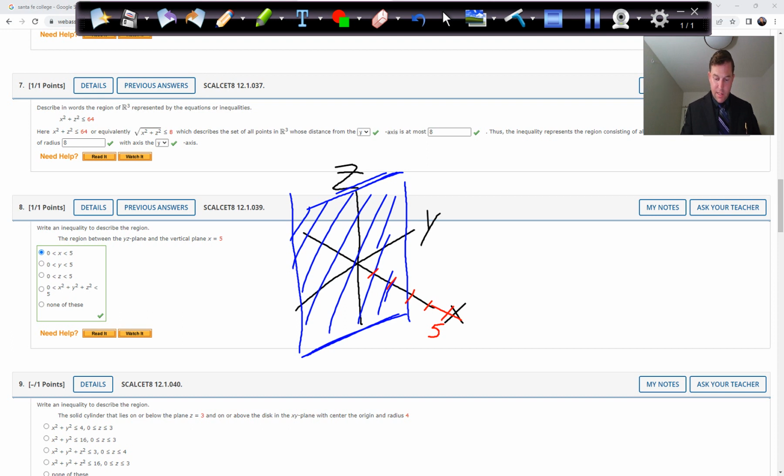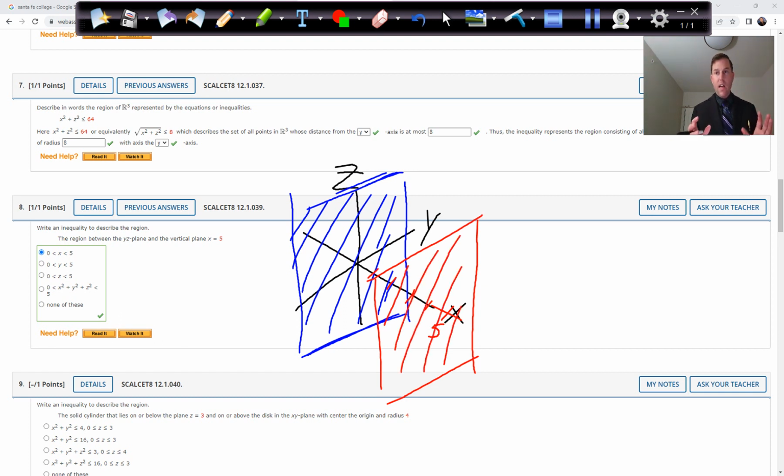So this plane is out here. And so we're confining our values between those two planes. And so the only thing that's constrained is the x value. So the x value has to be constrained between 0 and 5, between the blue and the red. And that's problem 8.